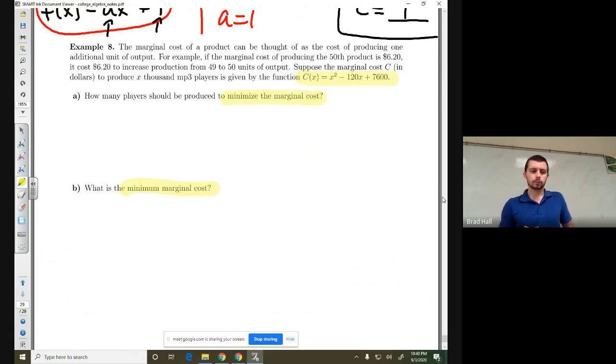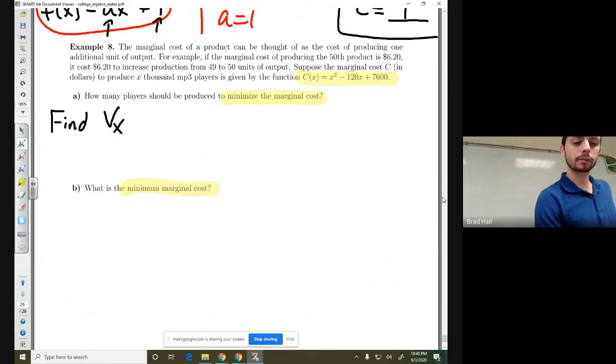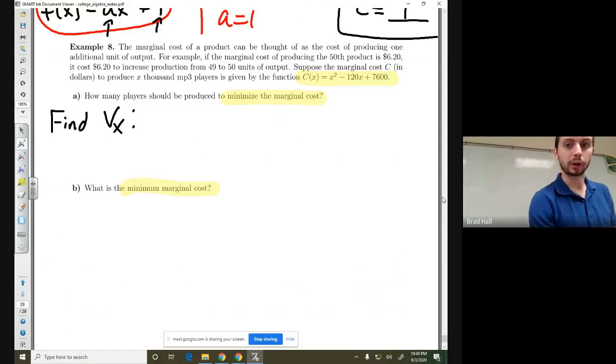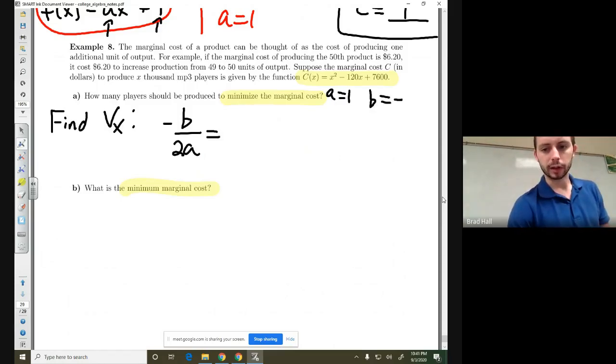So we can simply find v of x, which is the x-coordinate of the vertex for part A. So that's simply negative b over 2a. A is 1, and b is negative 120.